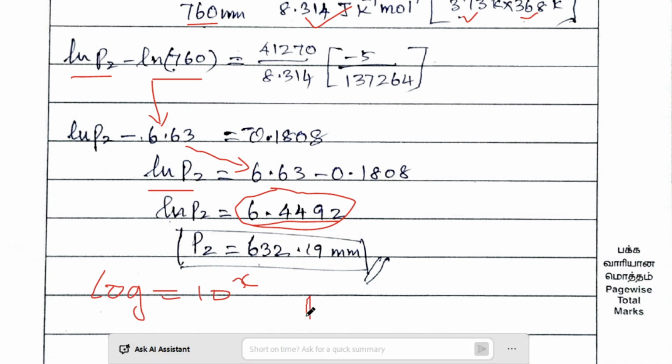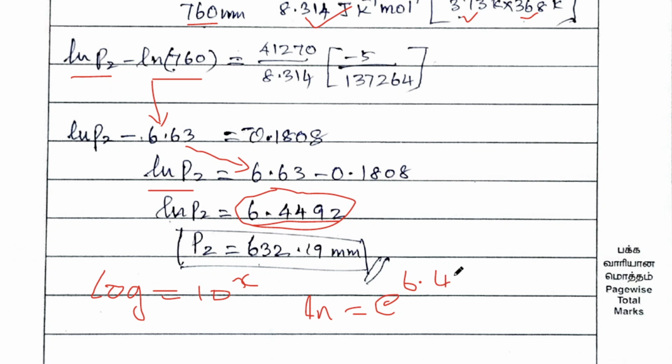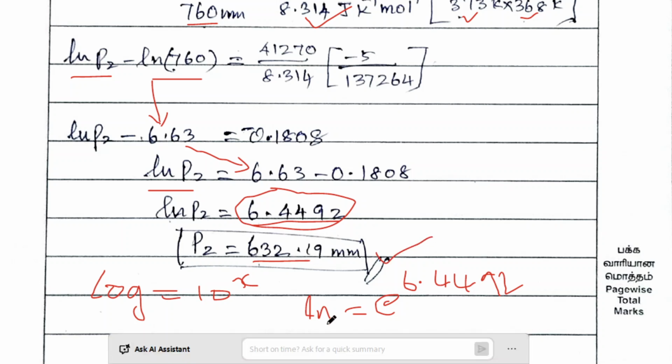That means e power 6.4492 will give this result, and that is the anti-logarithm. If you take the anti-logarithm, you get this value, and that means the pressure will be lower, 632.1 mm at 95 degrees Celsius.